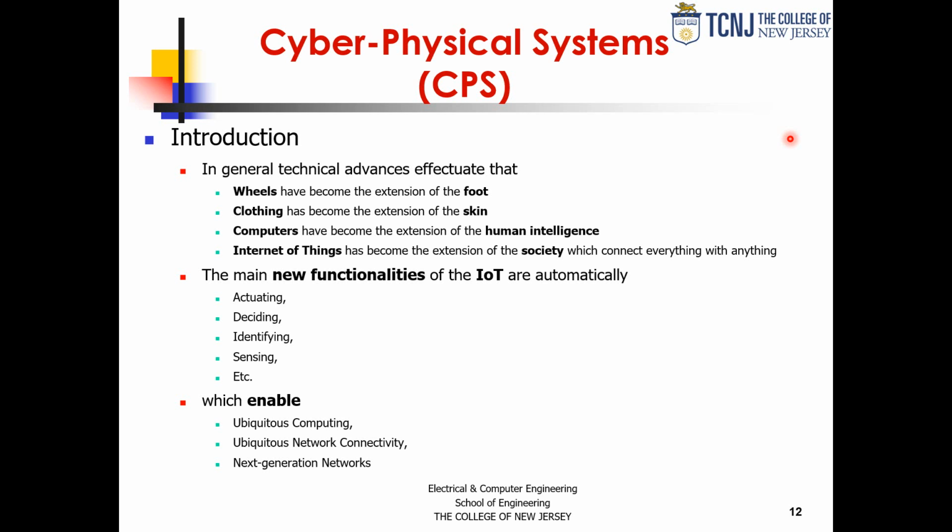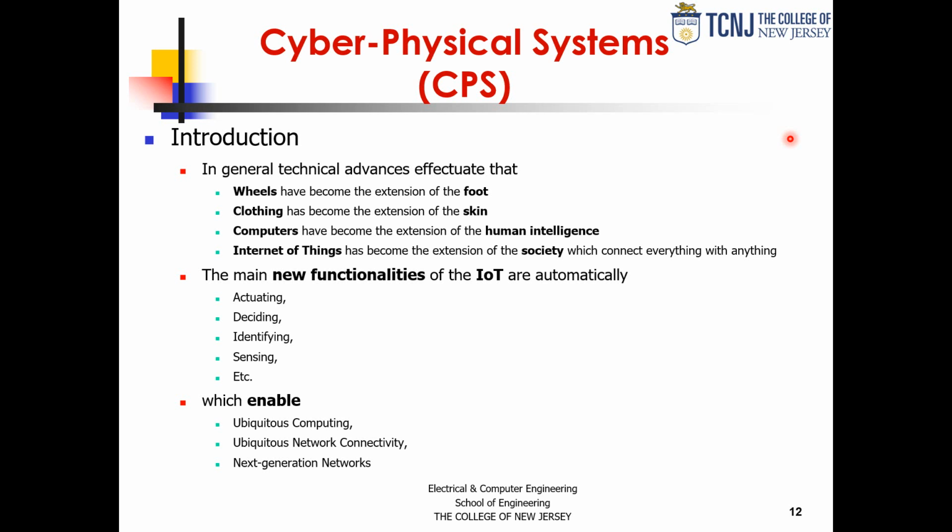They can be actuating any type of and exercising any type of control, making decisions autonomously. They could be identifying other things, events, data, and sensing everything that is around their environment.